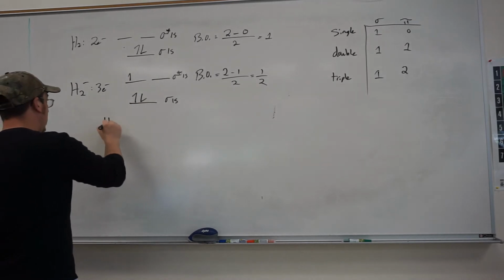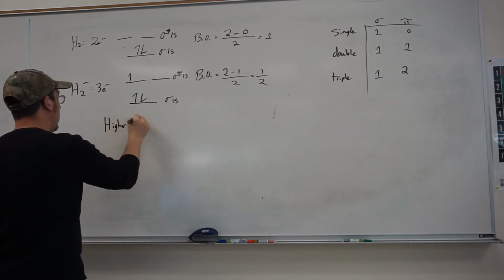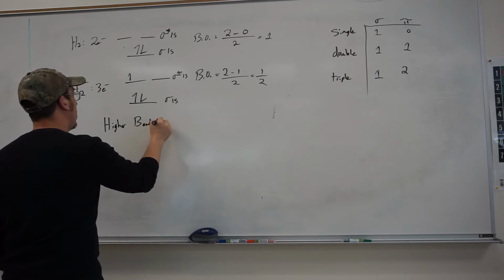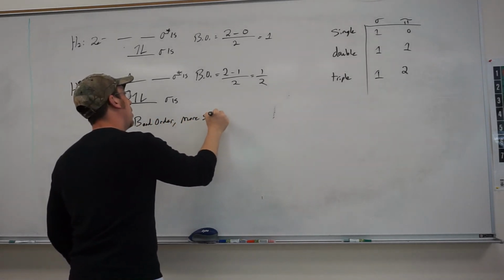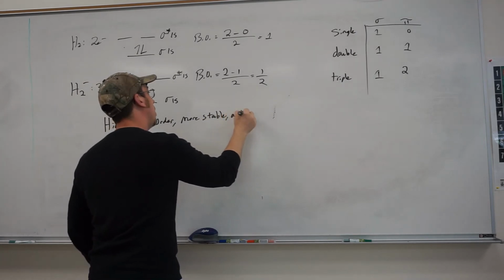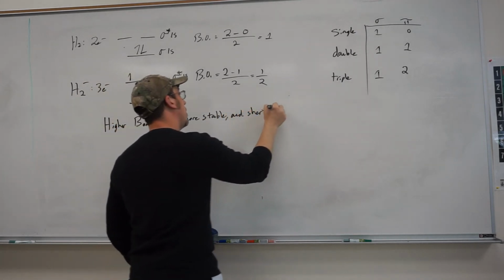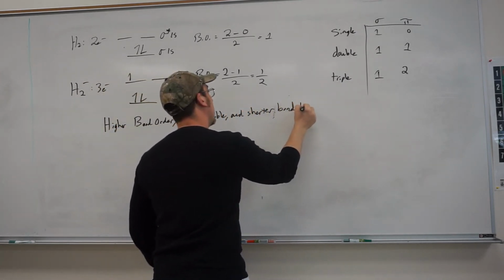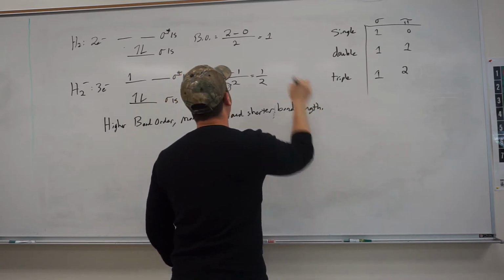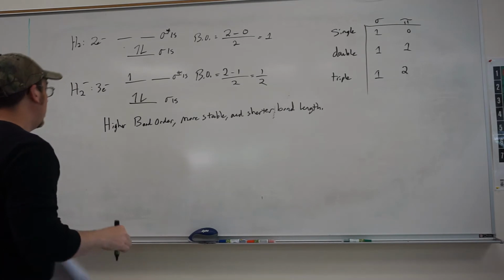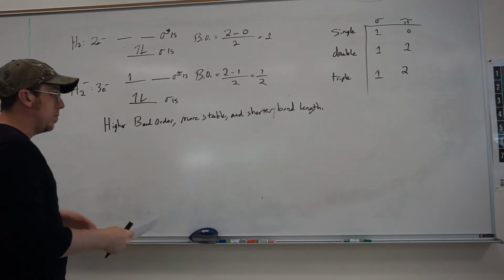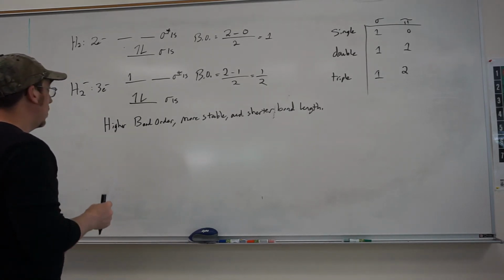So the higher the bond order, the more stable and shorter the bond length. So as this number gets higher and higher, the molecule will become more stable. And we see that as we go higher in the number of electrons.